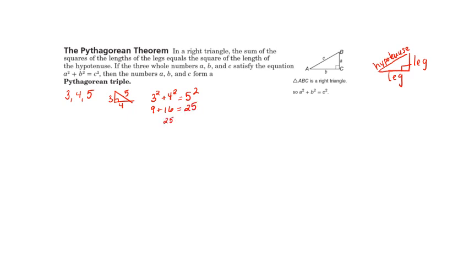We get 25 equals 25. That's a famous one. As you do this lesson, you'll come across a couple more that work. Whenever you get whole numbers that work, we call that a Pythagorean triple. 3, 4, 5 is definitely not the only one, but that's one that works.